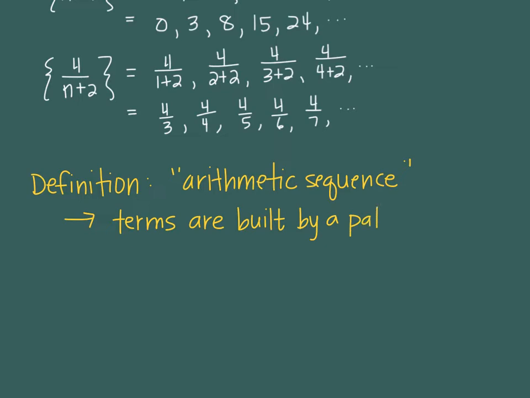Now technically, a subtraction pattern would fall under the category of arithmetic, because subtraction is really just adding a negative number. So as long as you're adding something, whether it's a positive number or a negative number, we define that to be called an arithmetic sequence.